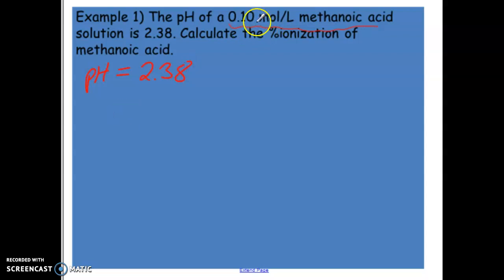Now, the concentration that is given when you are dealing with weak acid, weak base, this is always your initial concentration. Methanoic acid is HCOOH, so the initial concentration is 0.10 moles per liter.